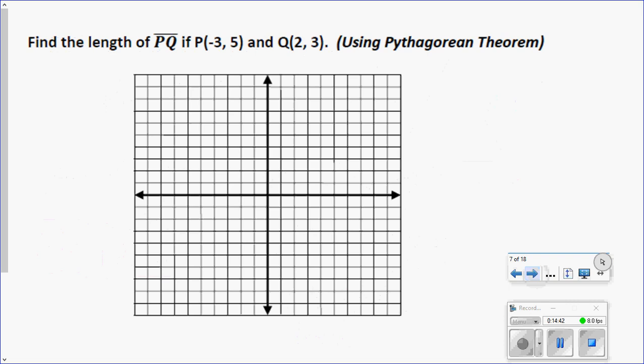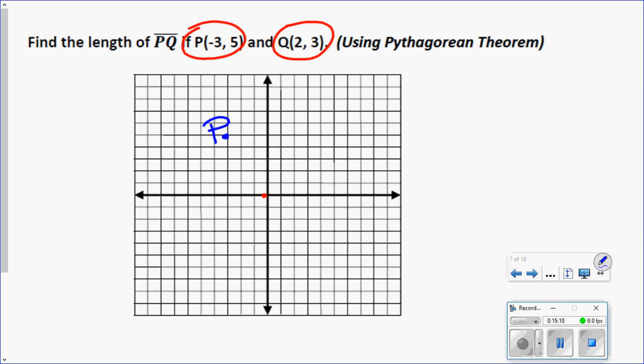All right, without looking at your neighbor, without asking for help, I want you to graph and plot the point -3, 5 on here, here's 0, 0, and 2, 3. And label them P and Q. You got 5 seconds.